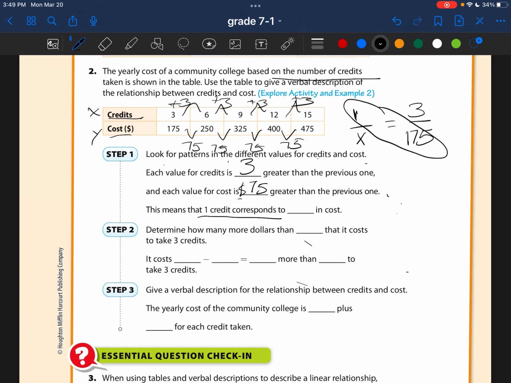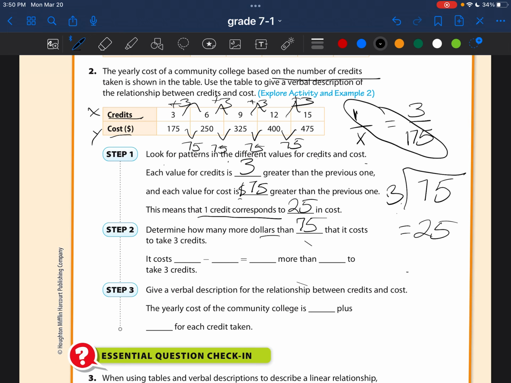I don't even know where I got 175 from. That makes no sense. It's 75 divided by 3, and we know that that ends up equaling 25, based off of our quarters.